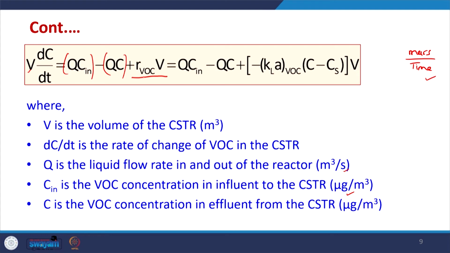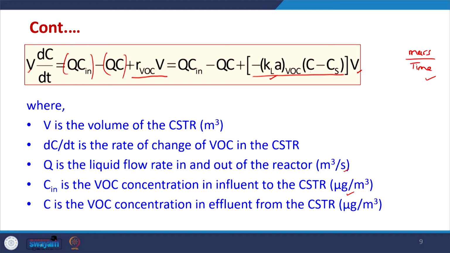Further expanding this rate of VOC, as we have already studied, the rate of stripping will be like this, since the concentration of VOC is much higher than the saturation limit. So, we are taking C minus Cs, and this will depend upon the overall mass transfer coefficient of the VOC out of the system. All other things are known here.